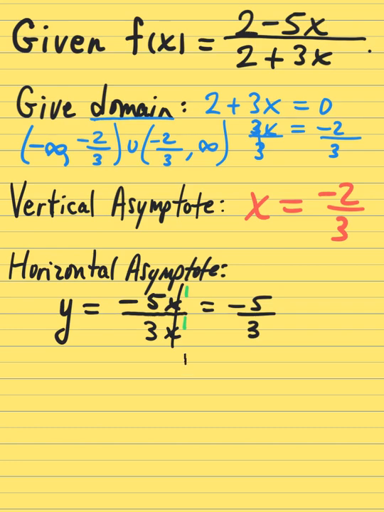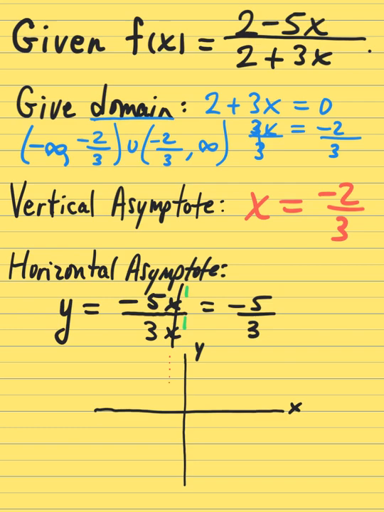How does all this play together when you draw the graph of a rational function? Let me draw some x and y axes. The vertical asymptote was at negative 2/3. X equals negative 2/3.